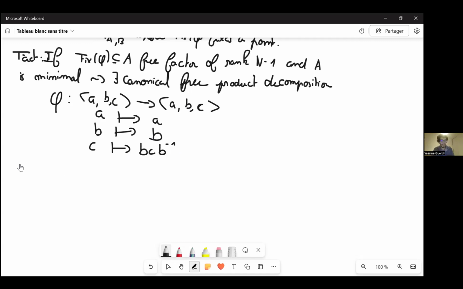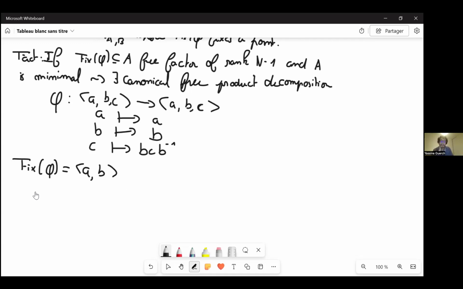Then the fixed subgroup of phi is generated by a and b. So it is a free factor of rank n-1.